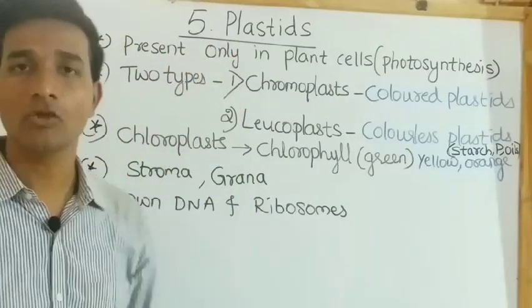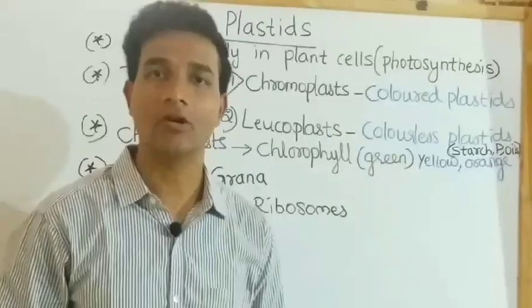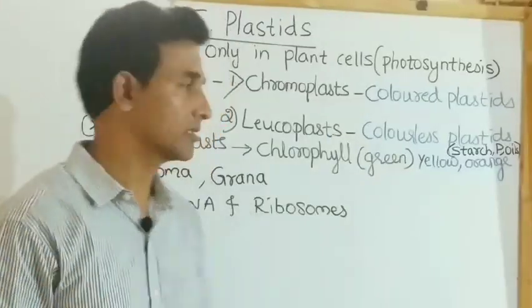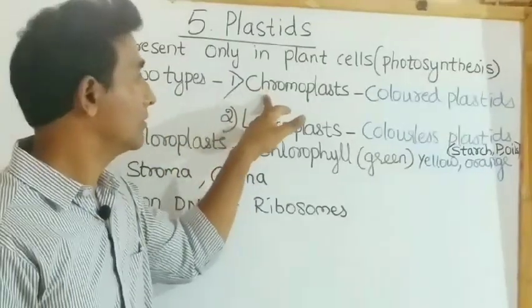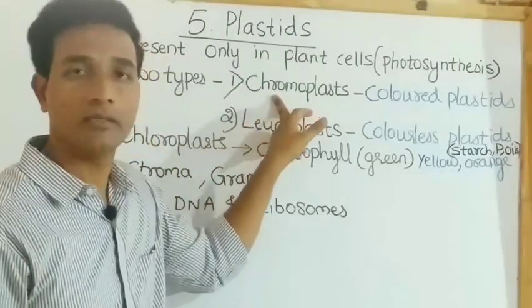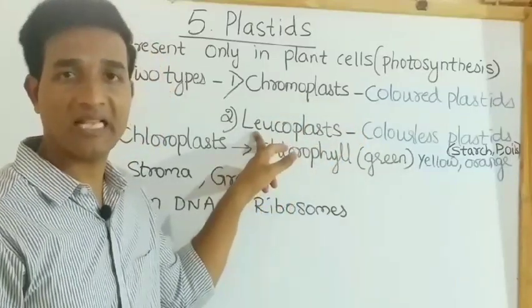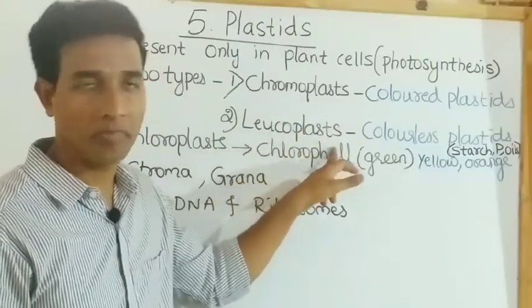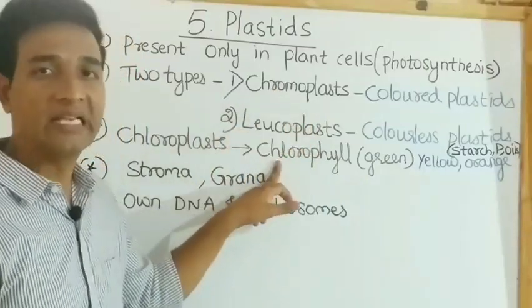Plastids are present only in the plant cells, as they are the photosynthetic organ of the plants. And there are two types of plastids. The one which is colored is called chromoplast, and the colorless plastid is called leucoplast. The chromoplast, which is colored, may be green in color.